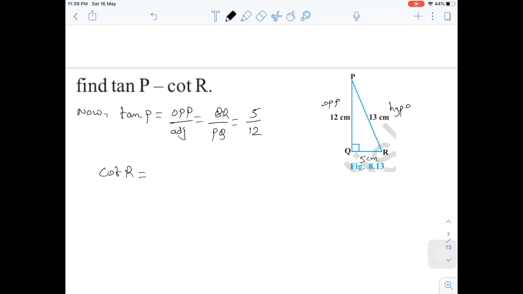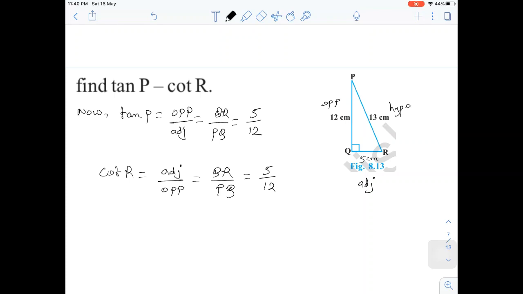Now cot R equals, we know that cot of any angle is equal to adjacent side upon opposite. Adjacent to R is QR and opposite to R is PQ. So we can write it as QR upon PQ. So what will be the value? It will be again 5 upon 12.